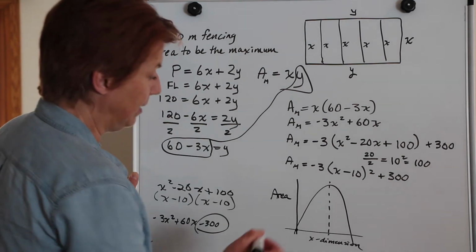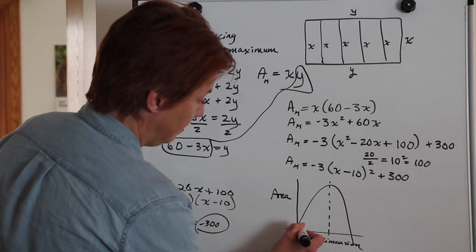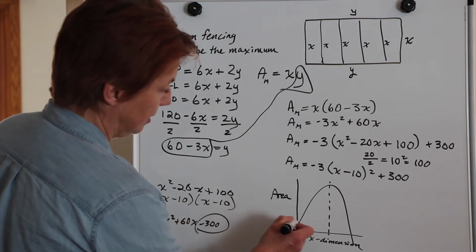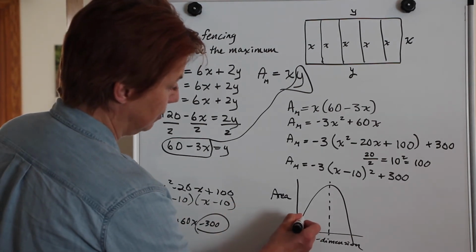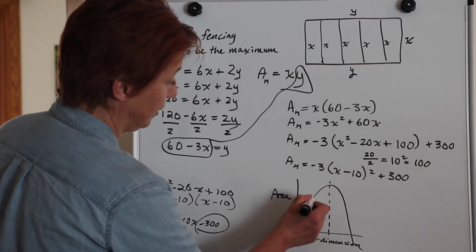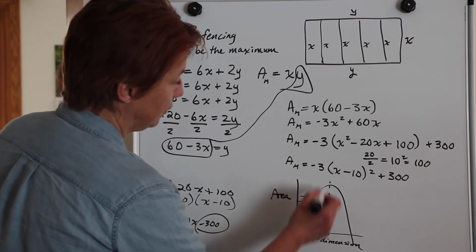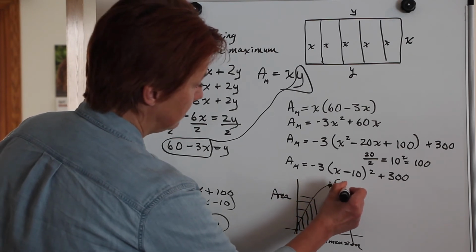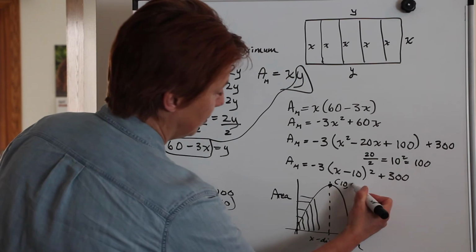It has to be, right? If x is 1, then the area is, well, it's not a very large area. X is 2, x is 3, if x is 4, and so on. You can figure this out yourself, etc. And when x is 10, we have a max area of 300.